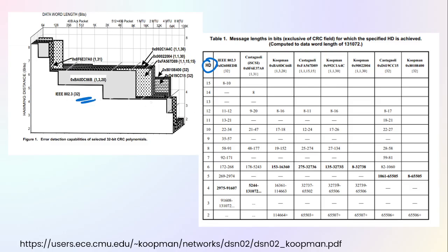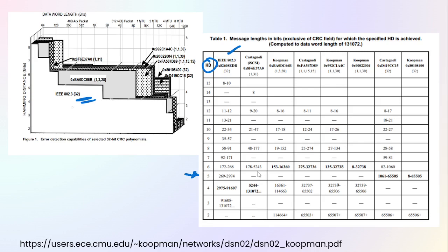So you can see that for this traditional IEEE CRC, Hamming distance is given for a message length, right? So the message length here is 8 to 10 bytes, all the way up to very large, huge message lengths, right? So normally Ethernet frames may lie like 1500 bytes. So maybe they will lie here, because this goes all the way up to 3000 bytes. Right, so the Hamming distance here is 5, right?